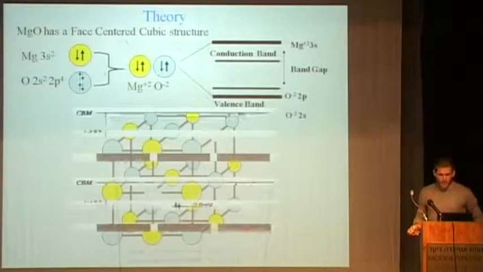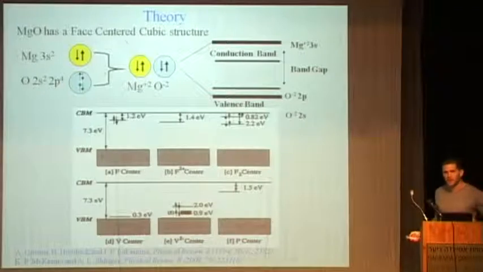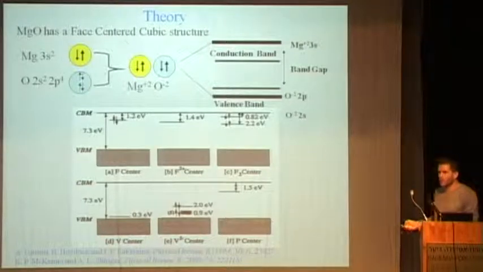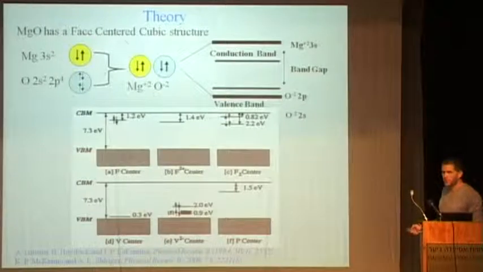Another type of vacancy can give you another position inside the band gap. There were a few theoretical calculations showing what type of vacancy will have what kind of energy. If you have an F center, the new local energy will be about 1.2 electron volts under the conduction band. Another type, the V center, will be 0.3 electron volts above the valence band.